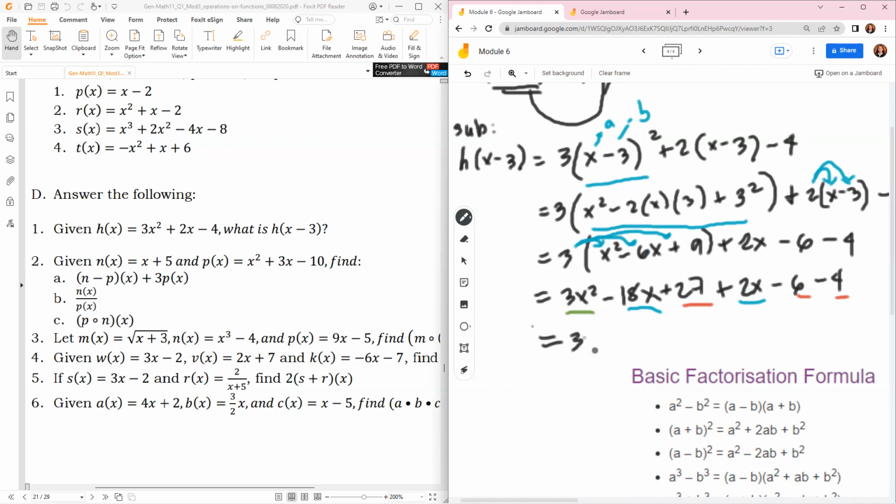So it would be 3x squared, then negative 18 plus 2, that would be negative 16x. Plus 27 minus 6, it would be 21. Minus 4, that would be 17. Okay, so this is our final answer.